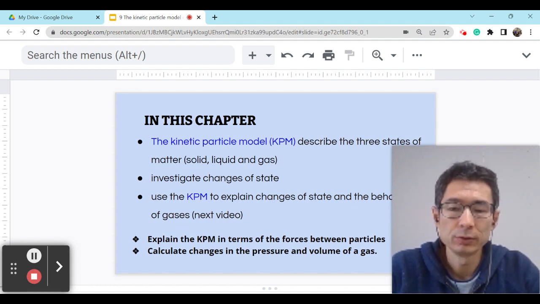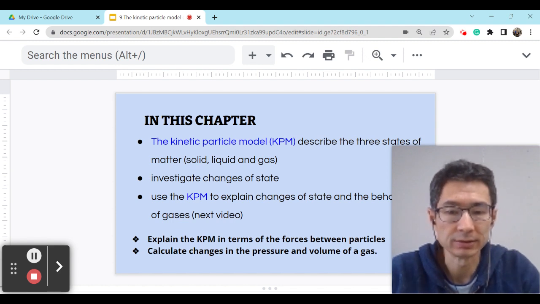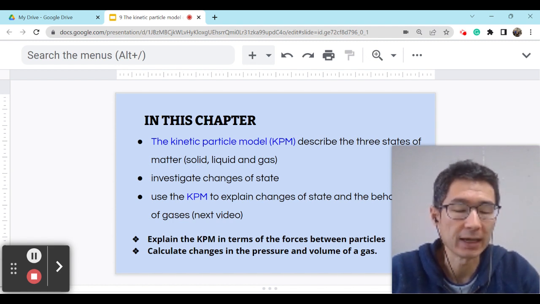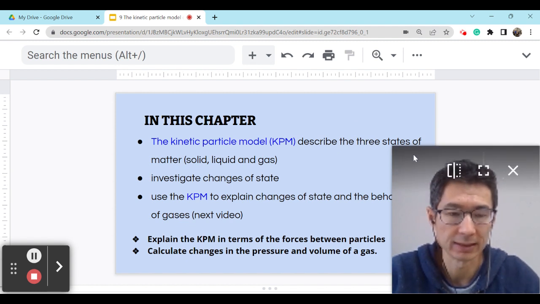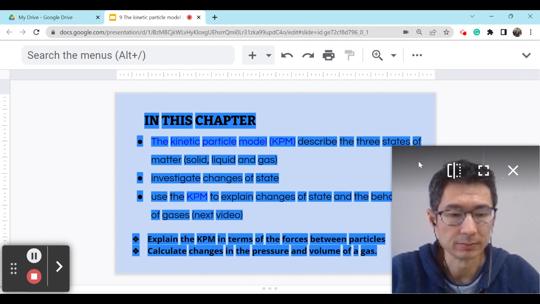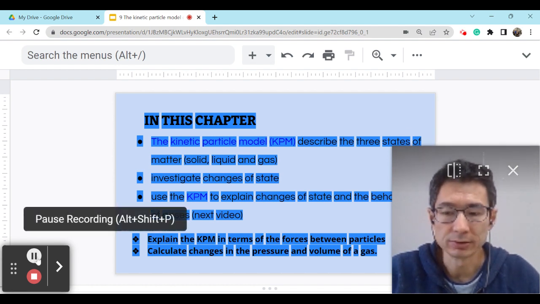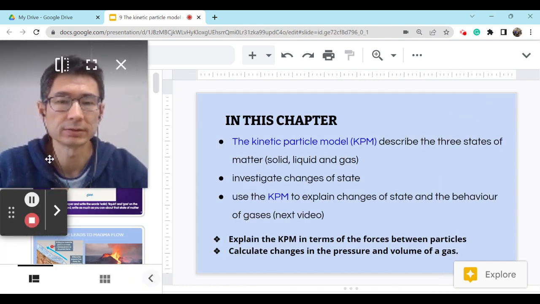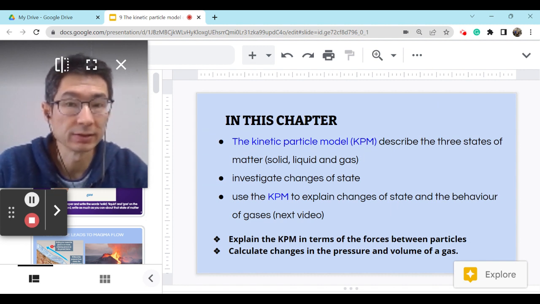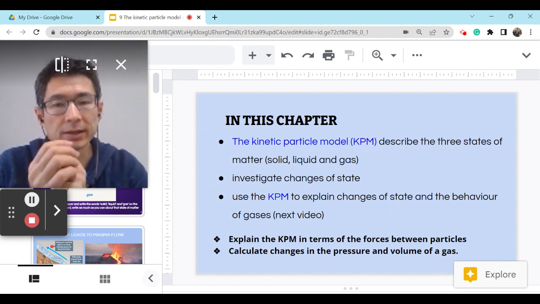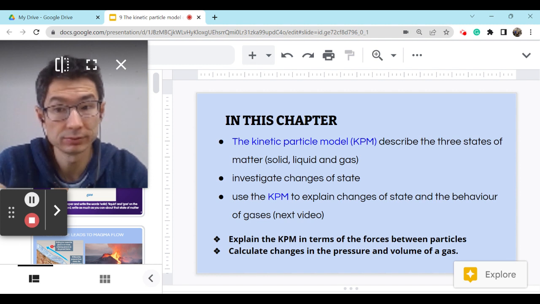We will use this kinetic particle model to explain change of state and the behavior of gases, because by using this model, we can easily explain the behavior of gases, and we use gases everywhere, isn't it?